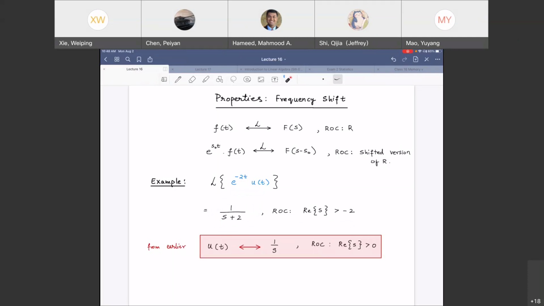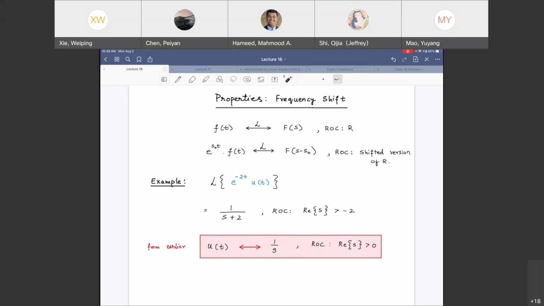So from earlier, what do you have? u of t, the Laplace transform was 1 over s, region of convergence was real part of s greater than 0, right? That was for u of t. When you shifted in the Laplace domain, what do you have? Instead of 1 over s, you have 1 over s plus 2. You guys see that? So this is relating to the frequency shift property.